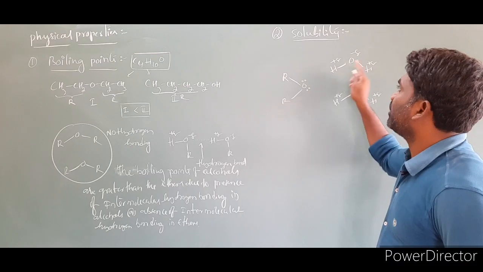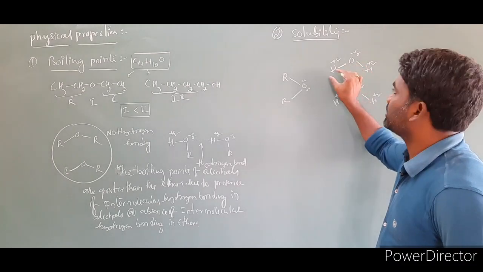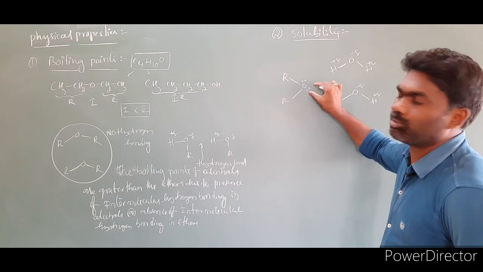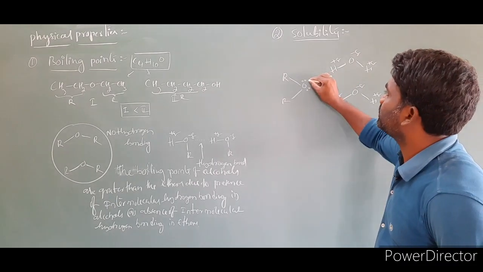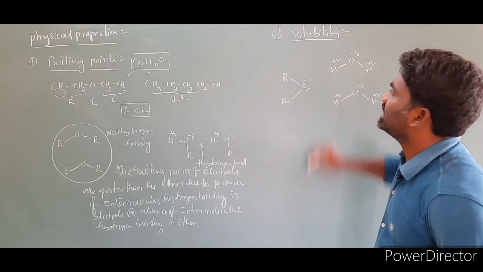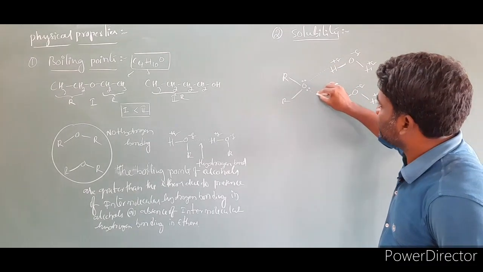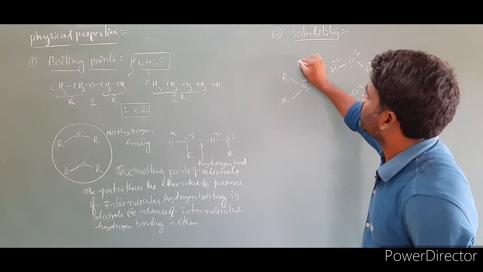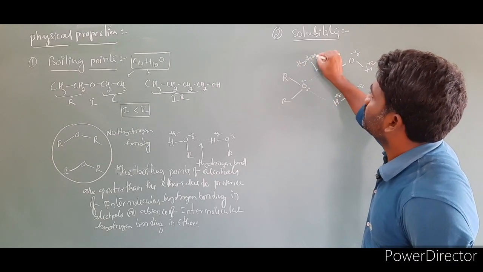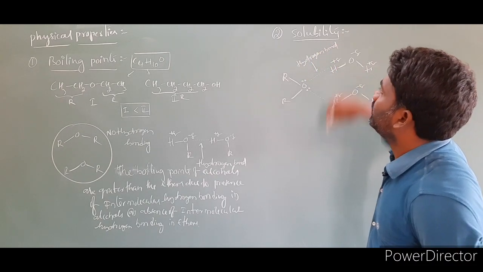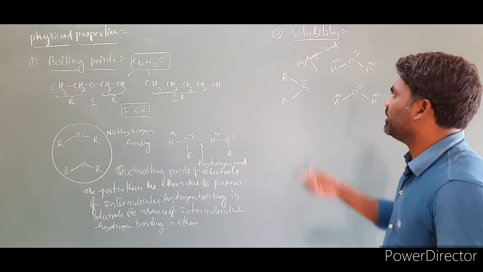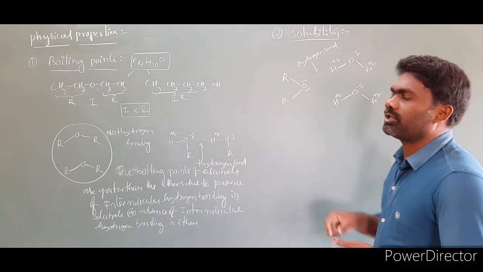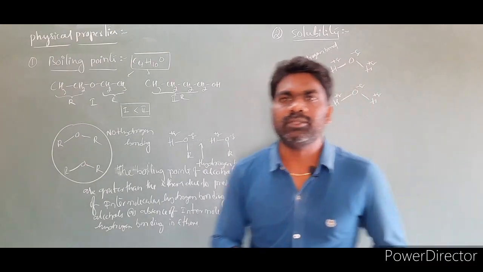So the hydrogen atom of the water molecule, with partially positive charge, and the oxygen atom of the ether molecule form the hydrogen bonds. This is one hydrogen bond, and this is another hydrogen bond. So due to formation of hydrogen bonds between the ether molecule and water molecule, ethers are soluble in water.